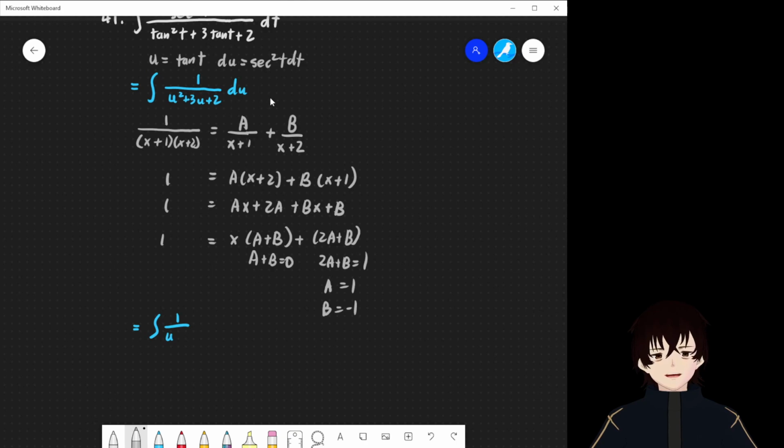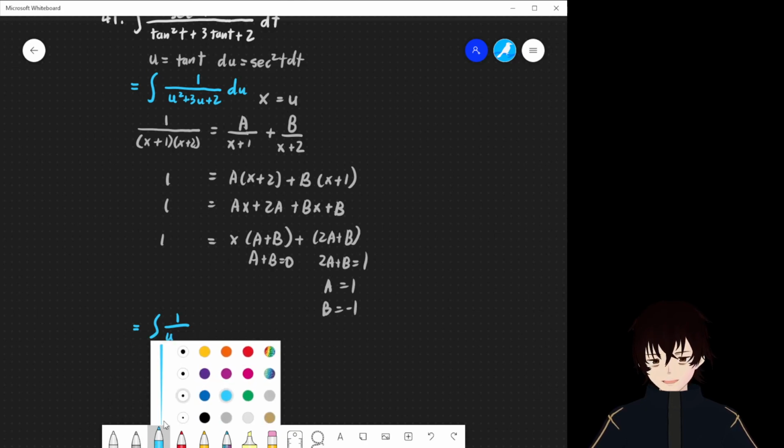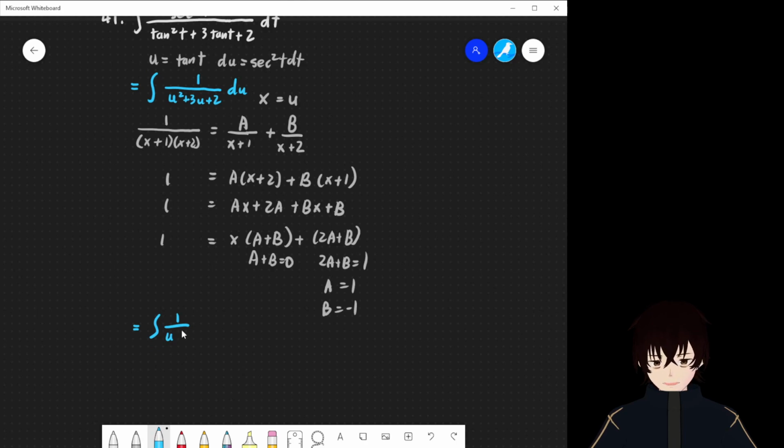I can't believe I just made all that long line of typo. All of these x's should have been u, but we'll just put x equals u right there, so I don't have to rewrite the whole thing. I'm very short on time right now. 1 over u plus 1 plus 1 over u plus 2 du. Not plus, minus.